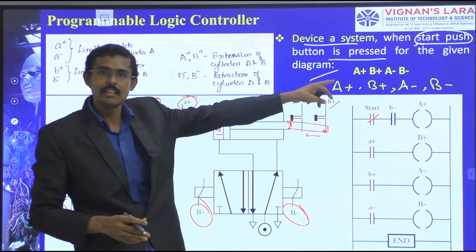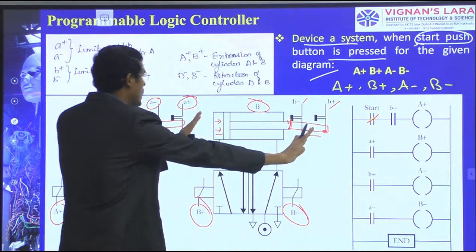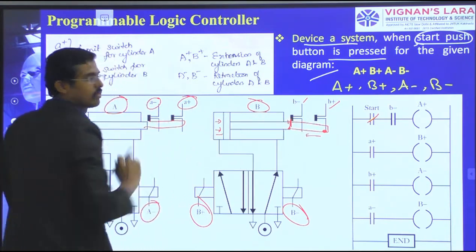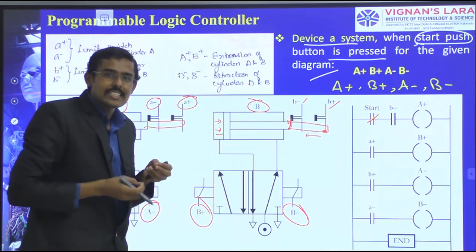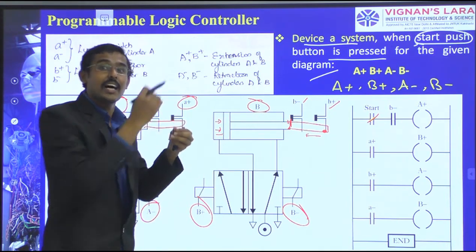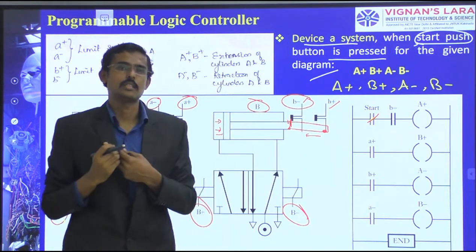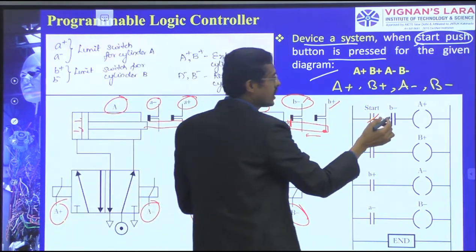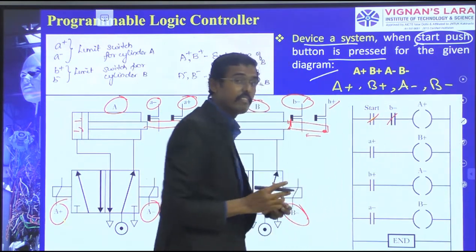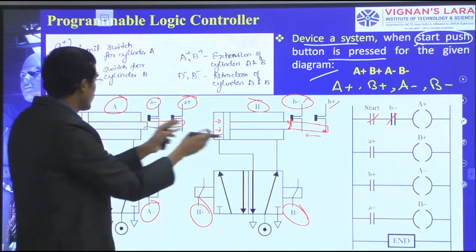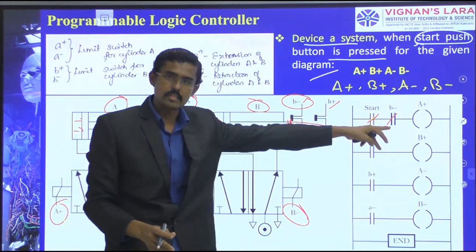As per the design, A plus forward, B plus forward, A minus return, B minus return. Then this is the last condition. It means the last sensor detected in the last cycle is B minus. Therefore, when B minus is detected, we consider this the 0th condition. Therefore, I have taken B minus there.